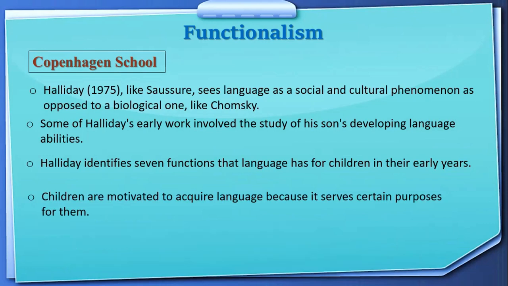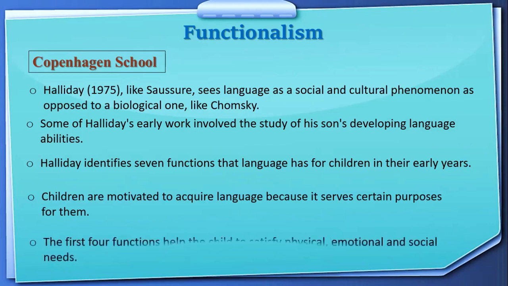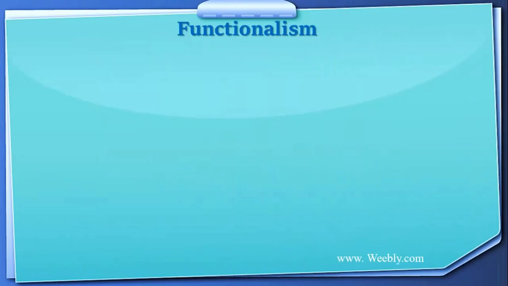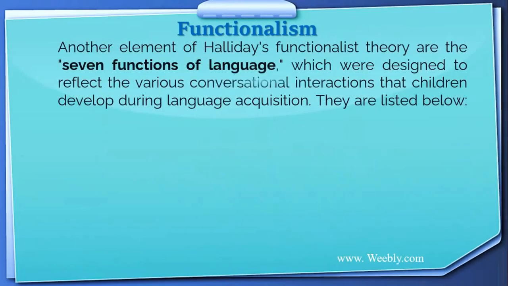Children are motivated to acquire language because it serves certain purposes for them. The first four functions help the child to satisfy physical, emotional, and social needs. Another element of Halliday's functionalist theory is the seven functions of language, which were designed to reflect the various conversational interactions that children develop during language acquisition.